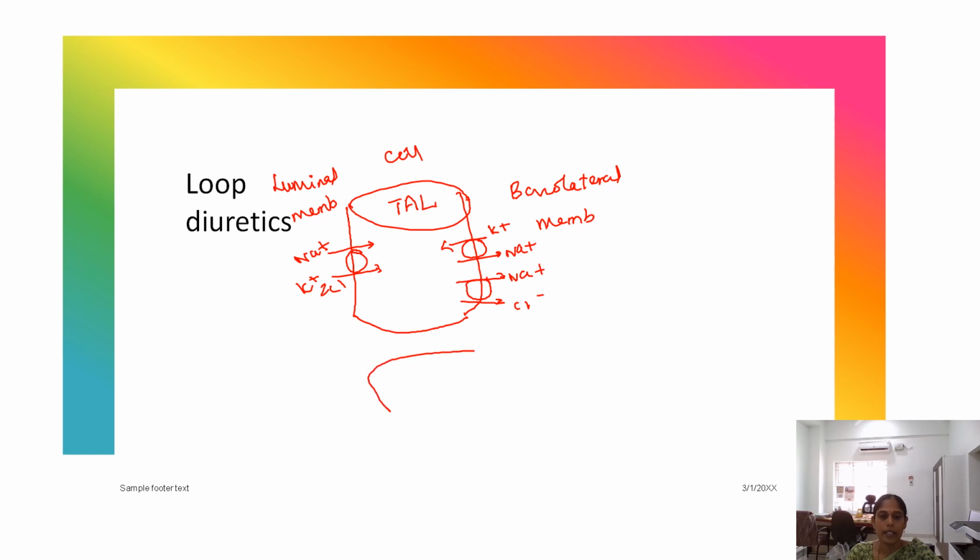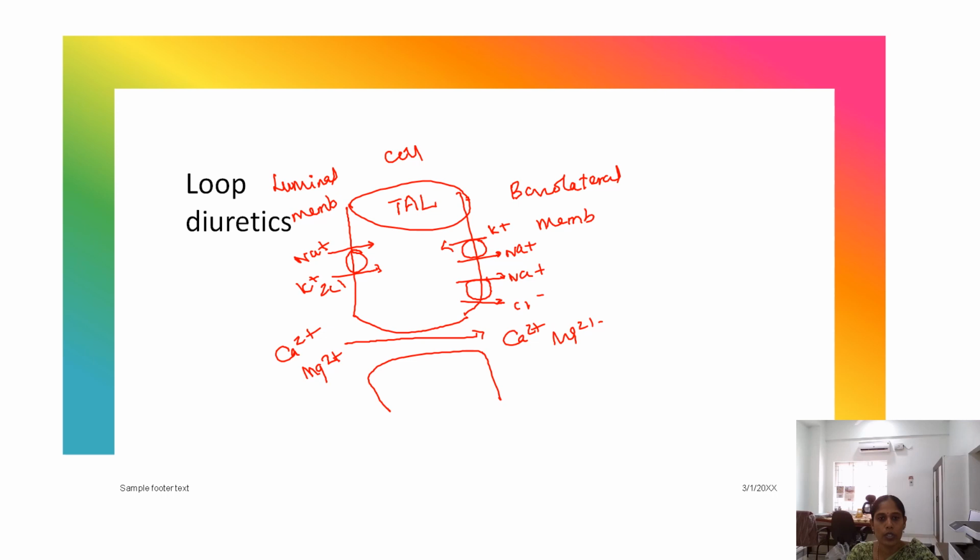Here there will be the paracellular space, and this potassium again drives more calcium and magnesium ions to be reabsorbed across the paracellular space.